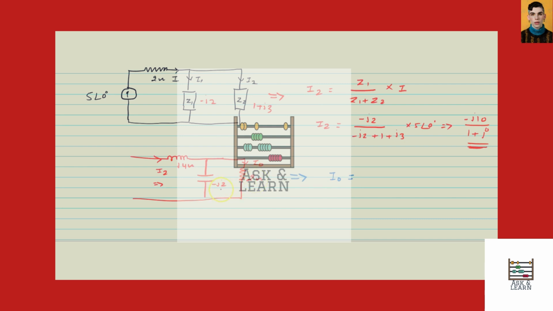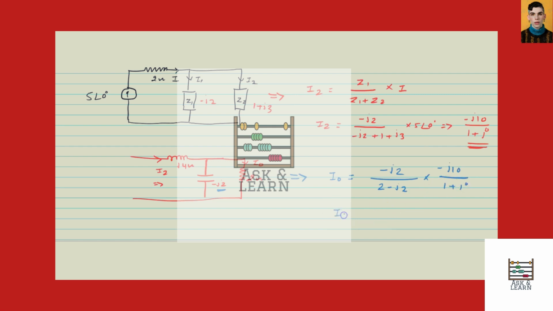The opposite branch impedance is minus j2 upon total impedance 2 minus j2, multiplied by total current I2, which is minus j10 upon 1 plus j.